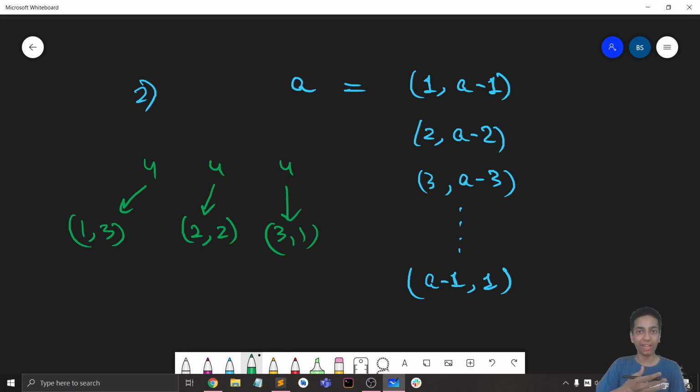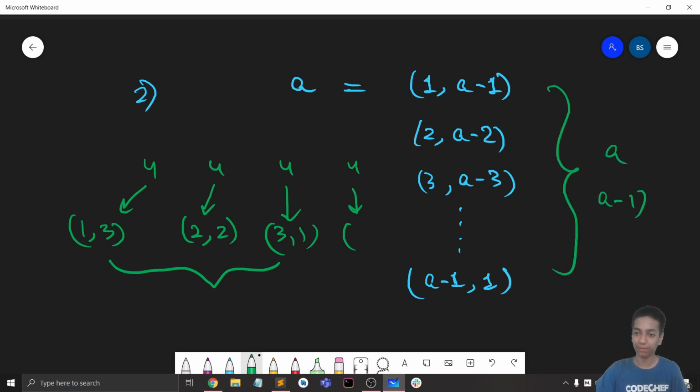So it also depends on the number of times 4 occurs in the array. Then if I encounter another 4, as you can see, there were three possible ways to split 4. So formally we can see from here that a can be split into a minus 1 ways, right? So yes, for 4 we have split it into 3 ways.